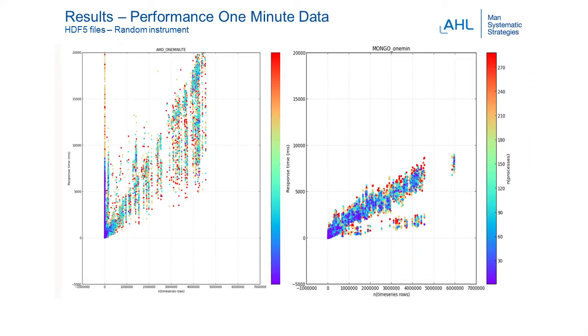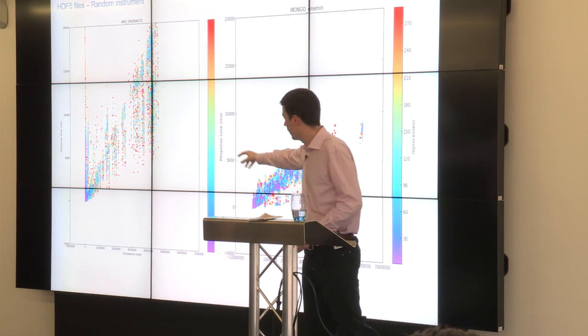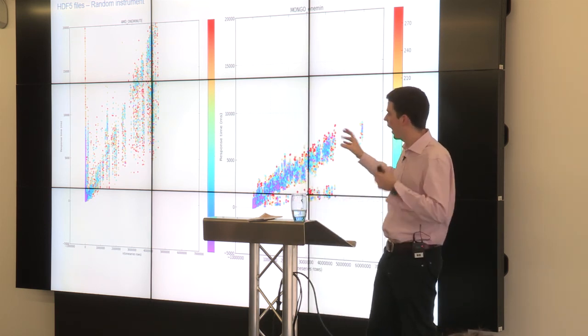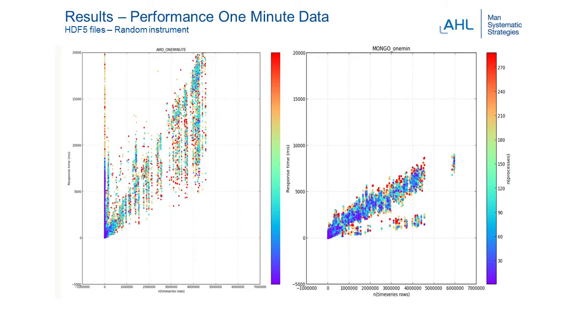This is the same sort of picture with 1-minute data. Again, going from 0 to 256 clustered users, reading up to 5 million rows of data on both sides, and then just a scatter plot, plotting how long the client had to wait for that data. So on the left-hand side, you can see, again, massive variation.